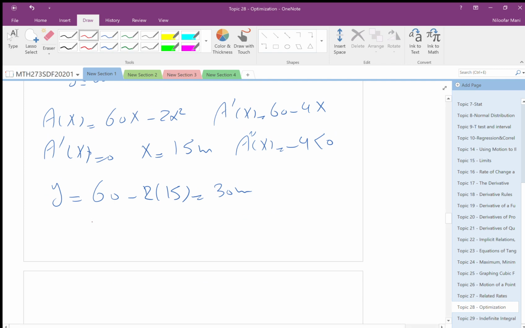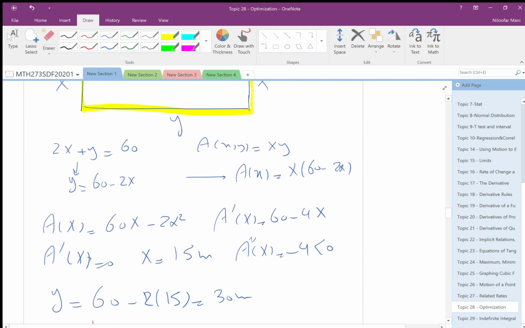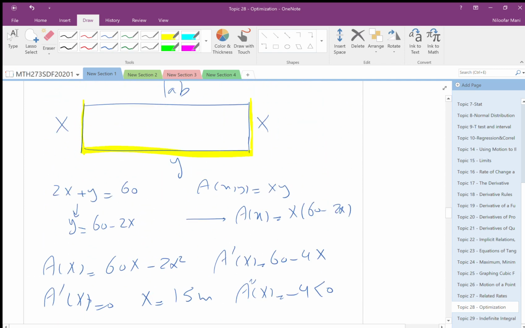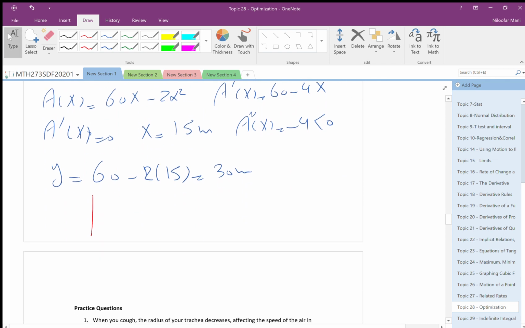Okay, so you can do this: x is 15, so 15 meter and 15 meter, and this is 30 meter. When you add them all, it's 60 meter.